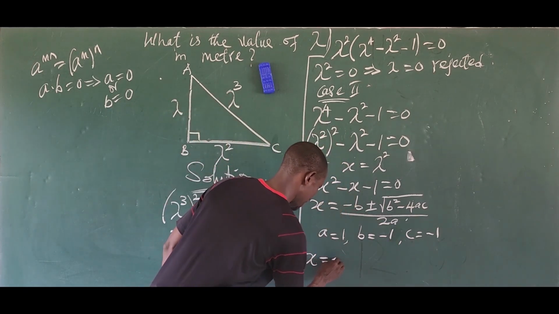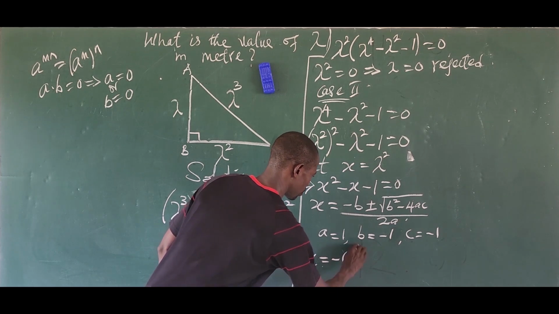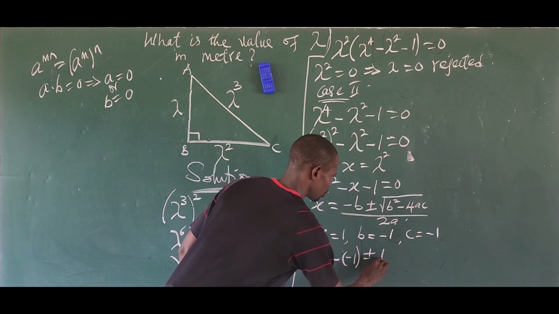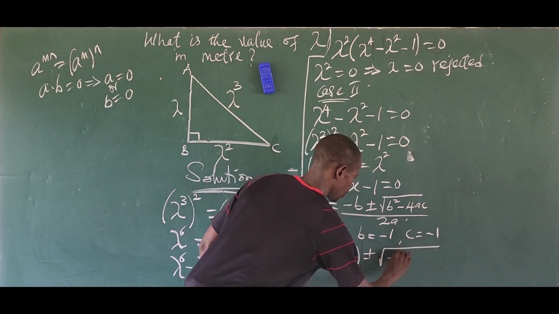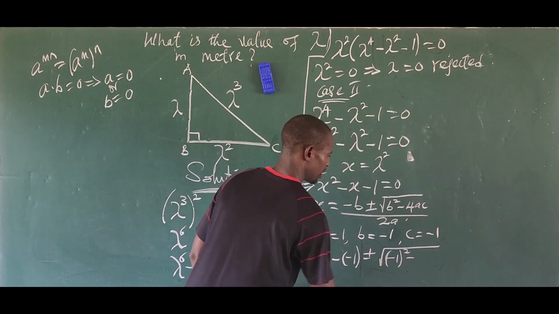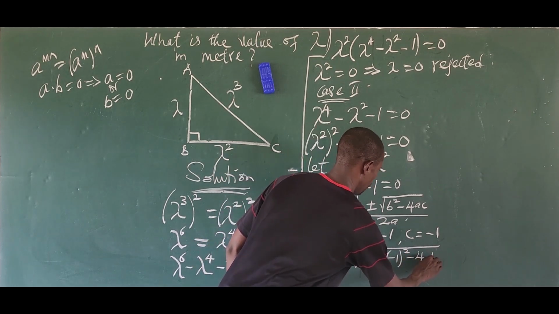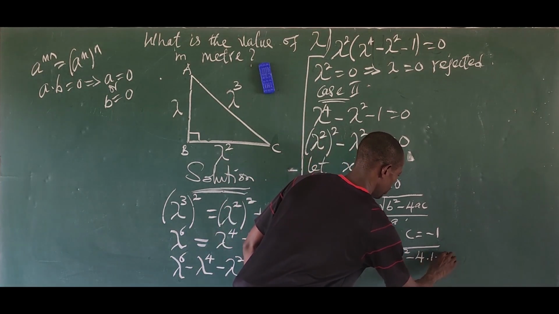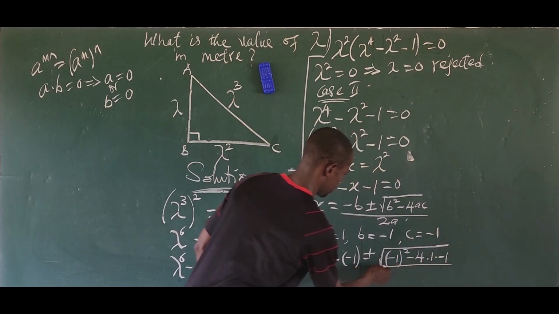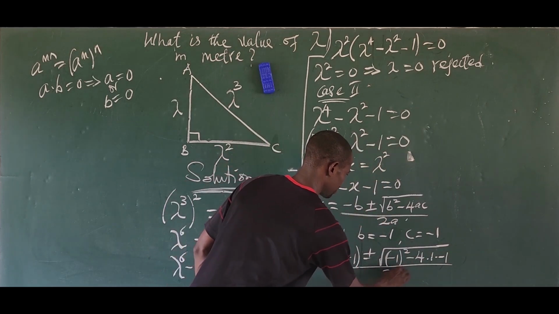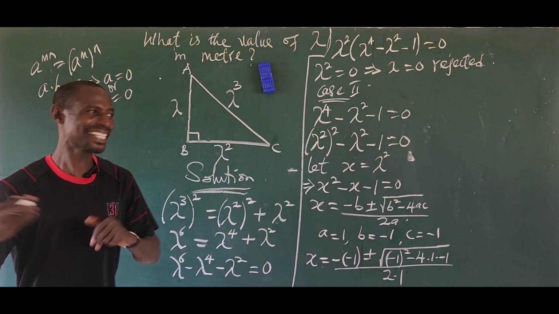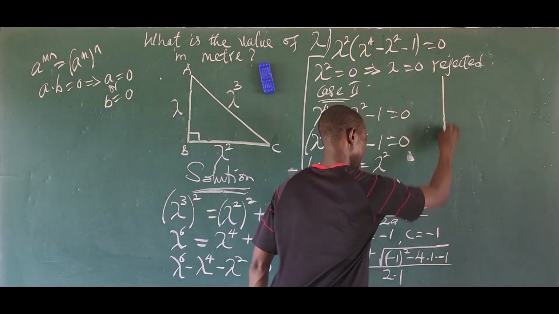So we have here minus bracket minus 1 bracket plus minus the square root of minus 1 all raised to the power of 2 minus 4 times 1, the times minus 1. All right, all over 2 times 1. Easy, right? Good. So let's continue on this side here.